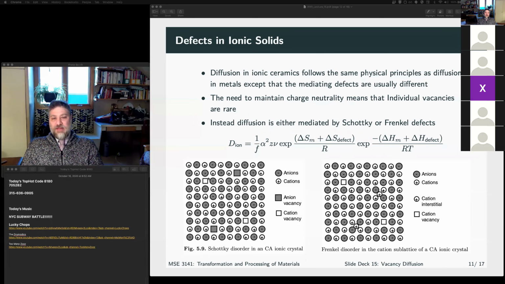However, depending on the ceramic structure, it could be really hard, especially for anion jumps, right? To move things out of the way. I've got this big anion, and it has to squish a bunch of stuff out of the way. So in general, the enthalpy of defect formation and the enthalpy of migration are both going to be significantly higher for Schottky diffusion, right?